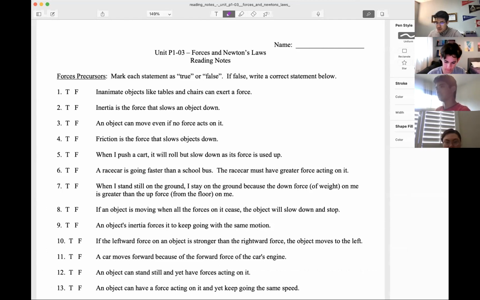So number one, true or false? Do you think it's possible for inanimate objects like tables and chairs to exert a force? What do you think?